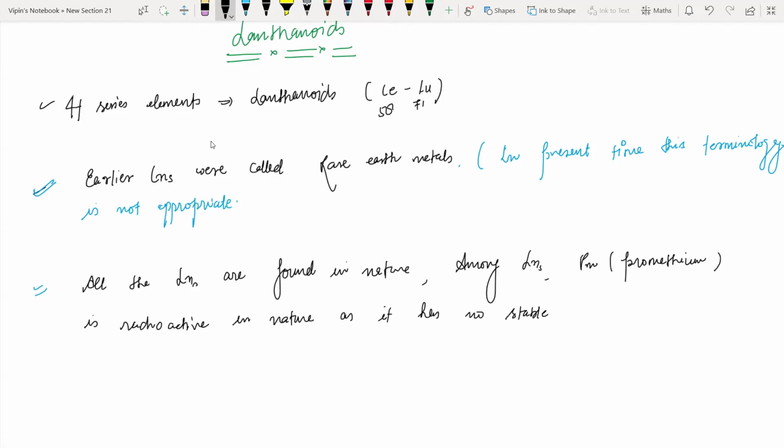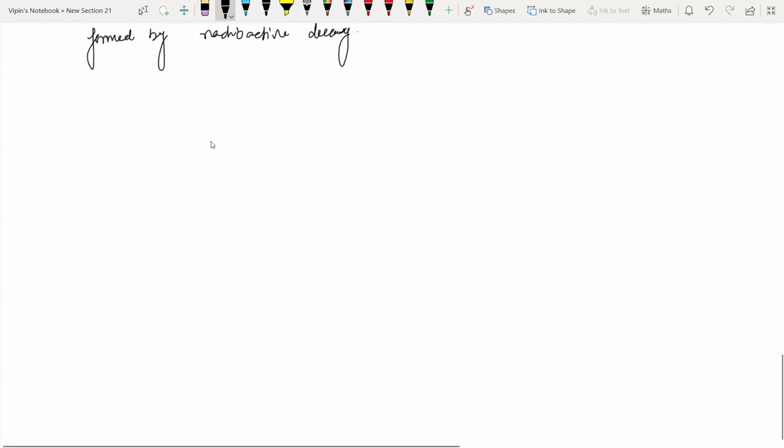Other lanthanides are not radioactive and have stable isotopes. Promethium is formed by radioactive decay. So this is all about the basic information of lanthanides.